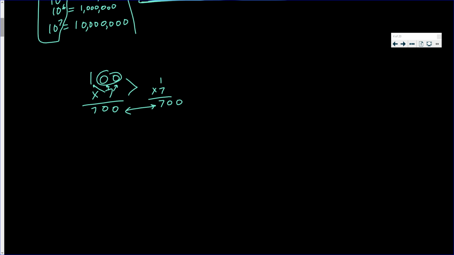If you wanted to do, I don't know, 1,000 times 21. Well, 1 times 0 is 0. 1 times 0 is 0. 1 times 0 is 0. 1 times 1 is 1. Indent. 2 times 0 is 0. 2 times that 0 is 0. 2 times that 0 is 0.